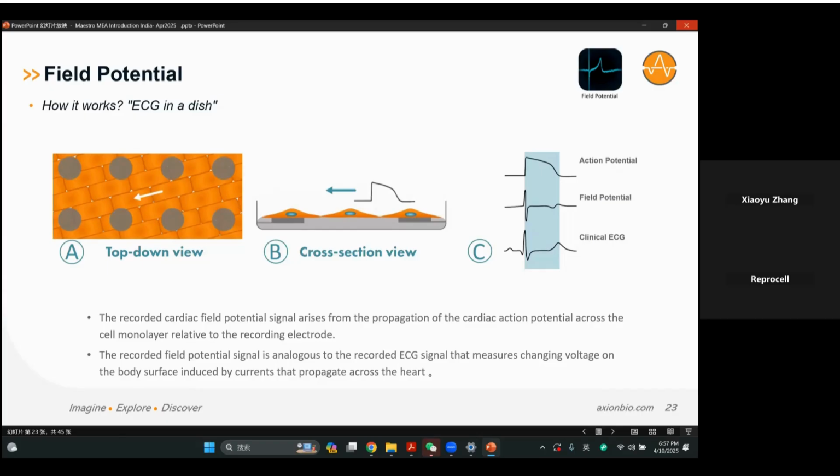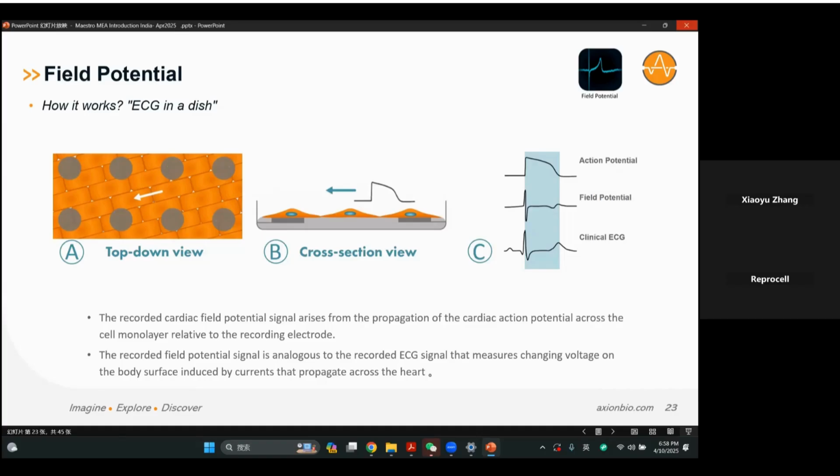The recorded cardiac field potential signal arises from the propagation of the extracellular cardiac action potential across the cell monolayer relative to the recording electrode. In this respect, the recorded field potential signal is analogous to the recorded ECG signal that measures changing voltage on the body surface induced by currents that propagate across the heart.